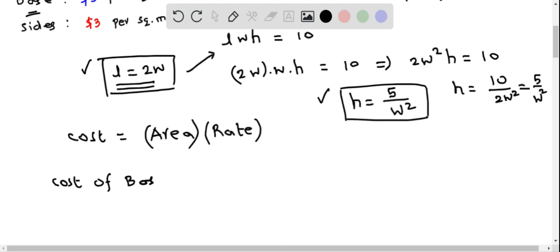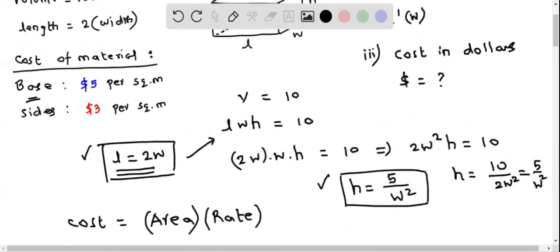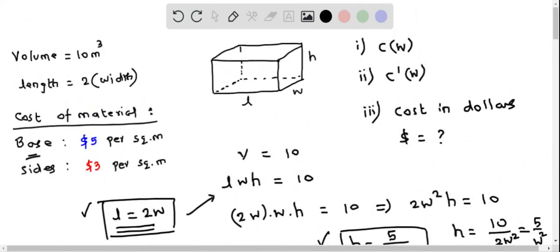Cost of base equals area of the base times rate. Rate here is $5 per square meter, so let me simply put 5 here. Now, looking at the figure, the area of the base of the box is length times width.